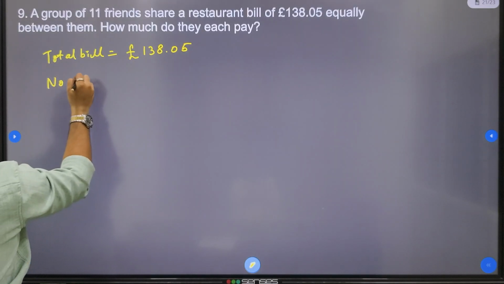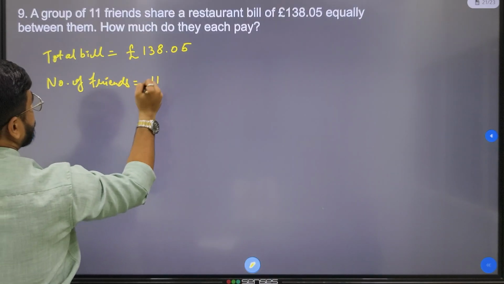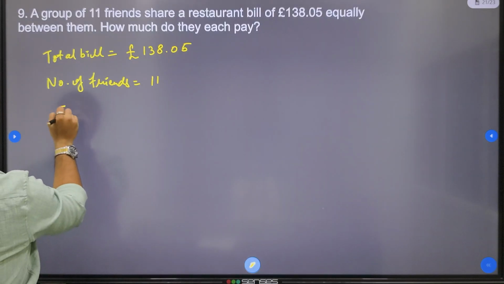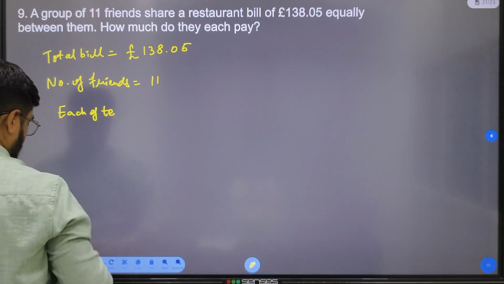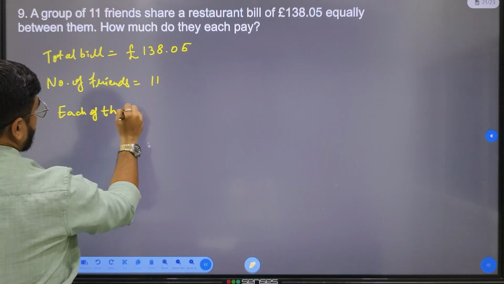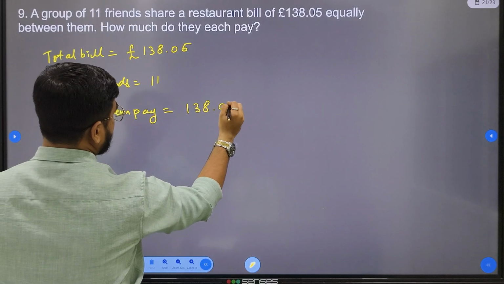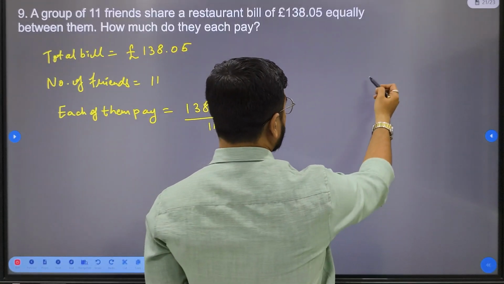Number of friends, that is 11. Each of them pays how much? That is 138.05 divided by 11. So let's do the division.